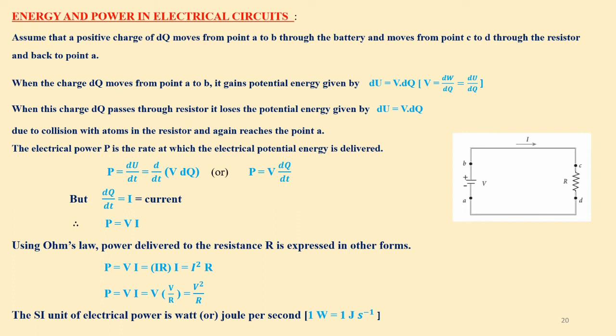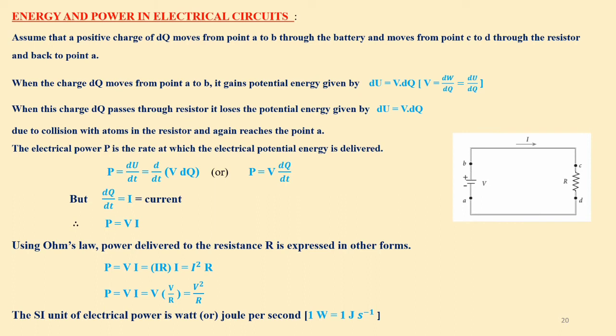Therefore, P is equal to V into dq by dt. But dq by dt is equal to the rate of change of charges or the rate of flow of charges. Therefore, it must be equal to I, that is equal to the current. Therefore, we can write P is equal to V into I. So, power P is equal to voltage into current.